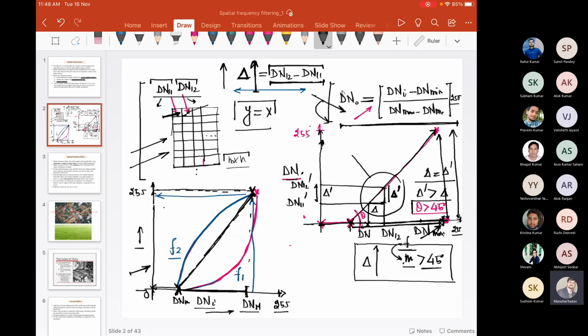If m is greater than 45°, then delta dash is more than delta. We enhance this delta difference by keeping the slope of the transfer function more than 45°. The same concept we apply over here, and we see what part of image is enhanced while what part of image is not enhanced.